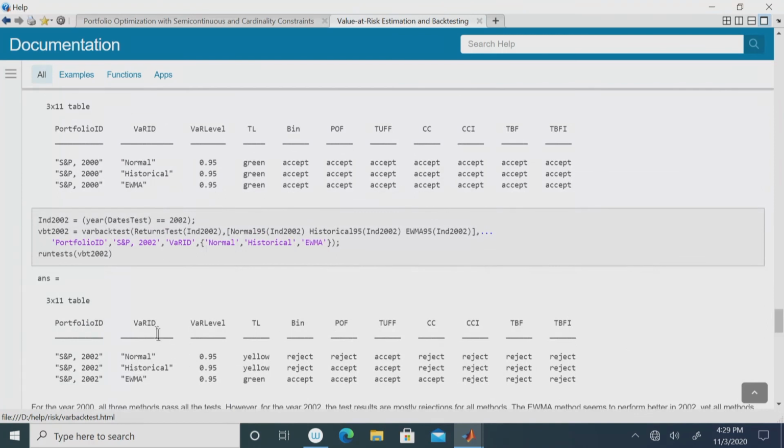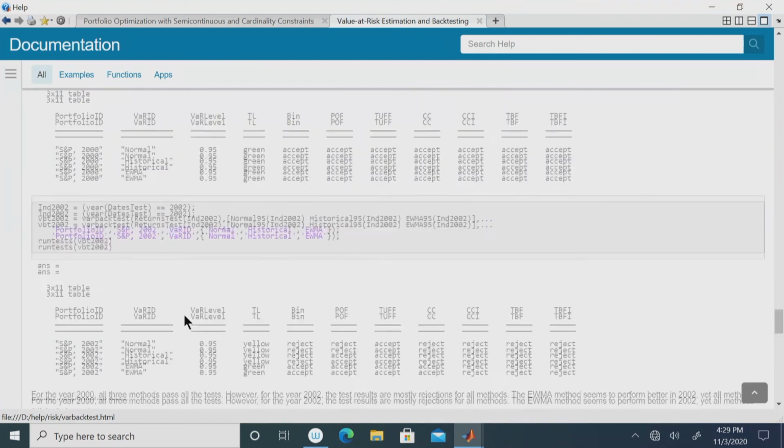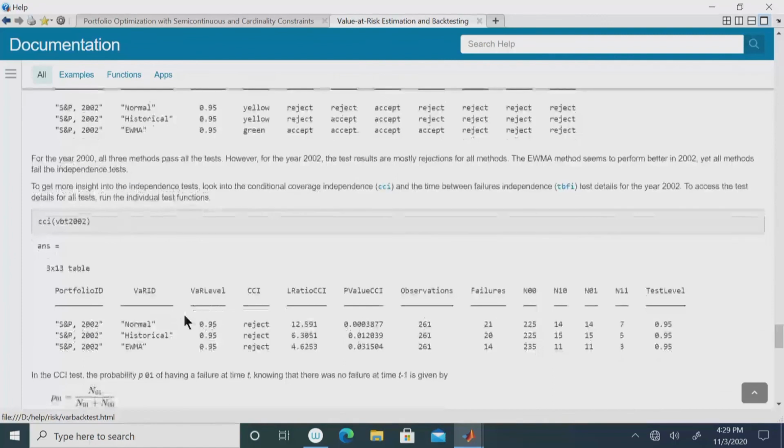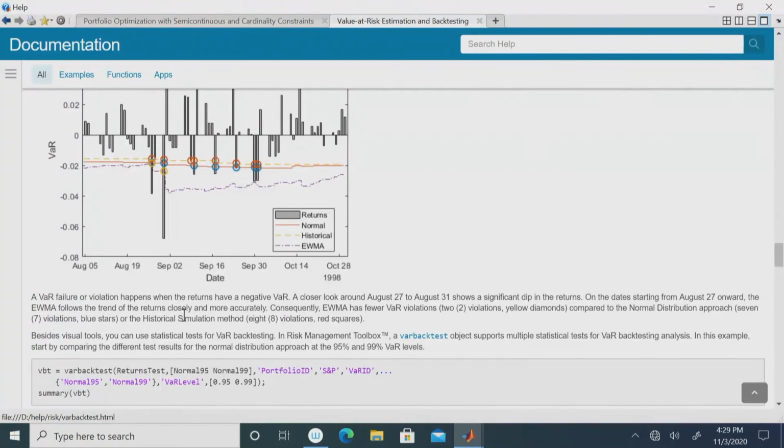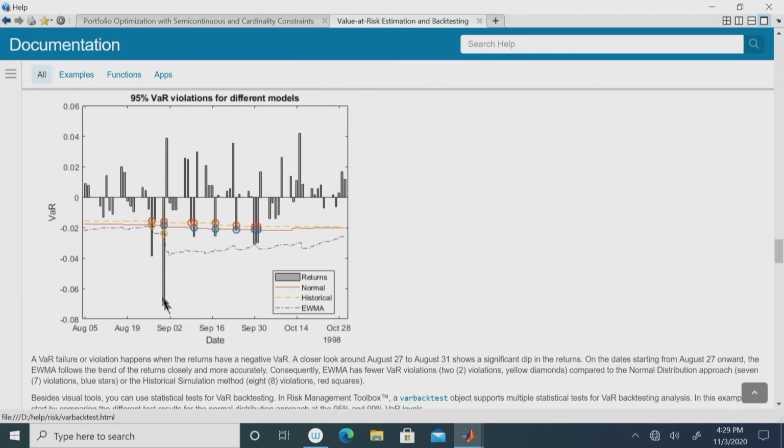These are different variations of how the testing can be done, but at the end of the day they reiterate how important it is to carry out back testing. A model has relevance from a practical applicability point of view only if it has very few violations or failures, as in this main example, where the EWMA method showed the least amount of violations during this period of time.